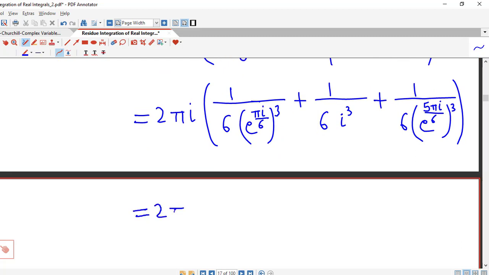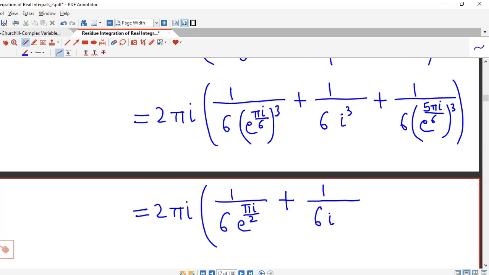Okay, fine. So this is now 2 pi i times 1 over 6 times e raised to pi i divided by 2 plus 1 by 6 times, this we rewrite as i square into i, plus 1 by 6 times e raised to 5 pi i divided by 2. Okay, these 3 will cancel out.